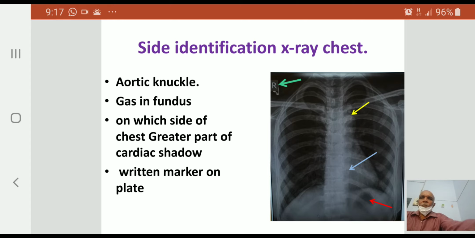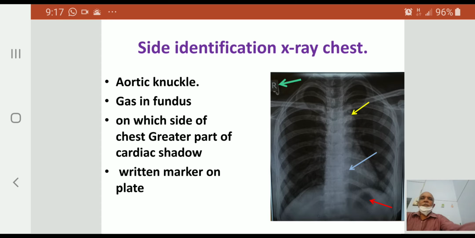So we should confirm the side of the chest X-ray by the following criteria. One is the aortic knuckle, second is the gastric fundus, third the greater part of the heart to be visualized on the chest X-ray, and the fourth but not least is the marker on the plate.